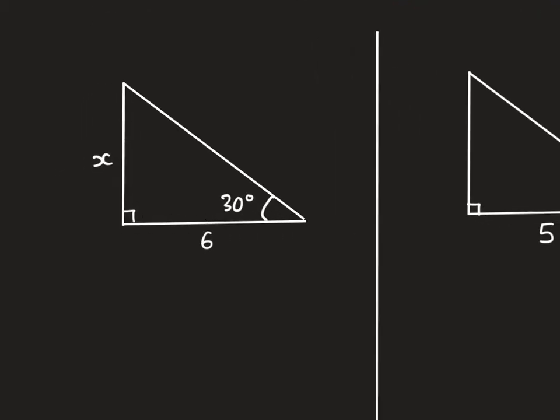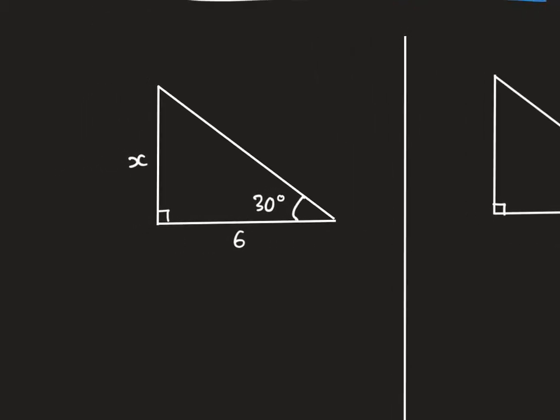So in this first triangle here, the first thing to look for is where is the angle that we're looking at. Now, in this case, we know the angle, but even if we didn't, it doesn't matter. And then we label the sides based on that angle. So the 30 degrees here, we look to the opposite side here, and this gives us the opposite side there.